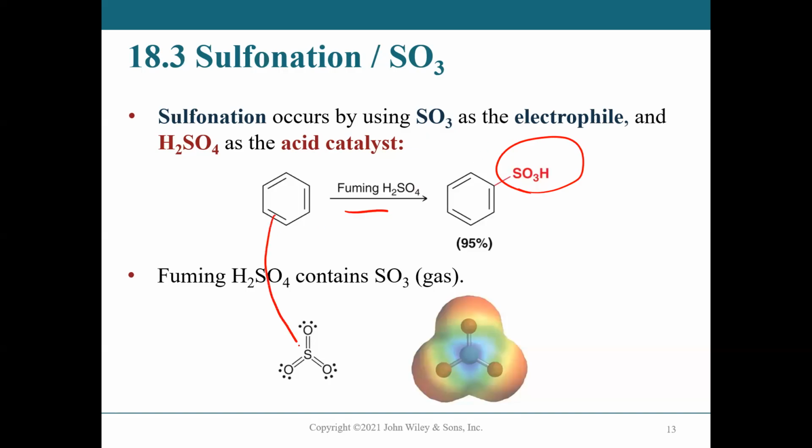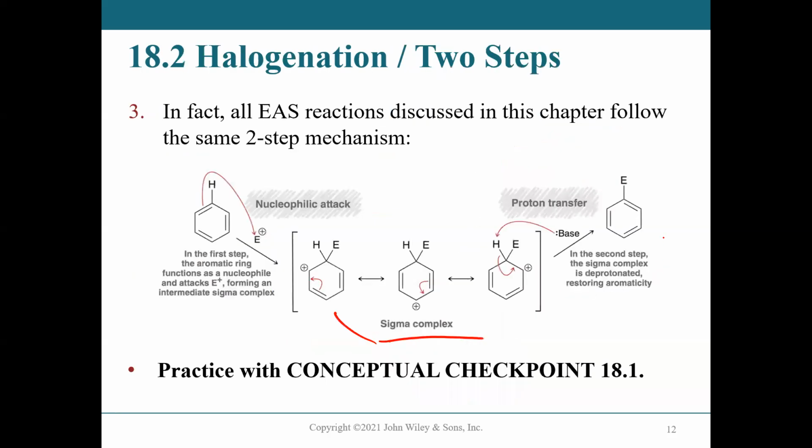You're going to have a nucleophilic attack right here, followed by your sigma complex. Remember, your sigma complex is just the ring, and you're just moving around that charge. And then followed by a proton transfer. So just like we saw on the last slide, it's the same exact steps that are happening. You have a nucleophilic attack, followed by your sigma complex, and you have a proton transfer.